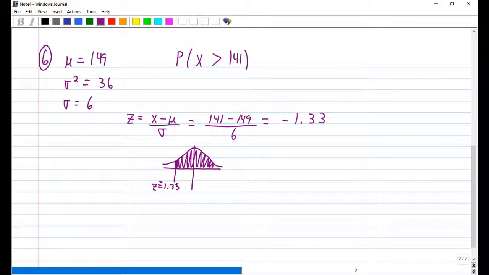Greater than will always be the area to the right and less than will be to the left. The way that our table reads is it always gives us the area to the left. So if I look up this z-score, it's not going to tell me this area here. It's going to tell me this area here. So what I need to do to find this other area is say 1 minus the area that it gives me. And that'll tell me the shaded area that I have there.